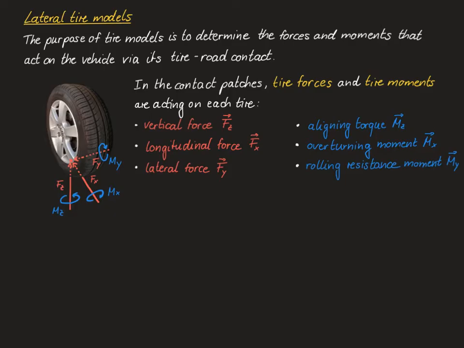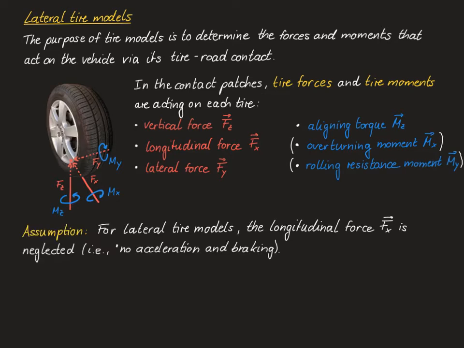Correspondingly, of course, we have three moments. First, the aligning torque. Second, the overturning moment, and third, the rolling resistance moment. However, only one of them, the aligning torque, is really of importance, hence we will not consider the overturning moment and the rolling resistance moment in the following.